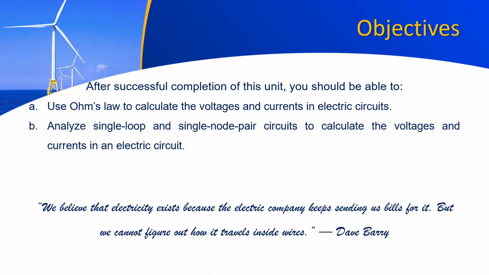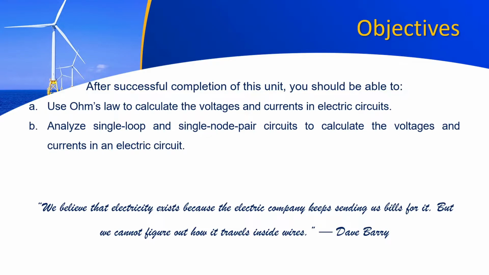So, according to Thevenin, we believe that electricity exists because the electric company keeps sending us bills for it. But we cannot figure out how it travels inside wires. Therefore, the fundamental laws of electricity are mathematically complex.